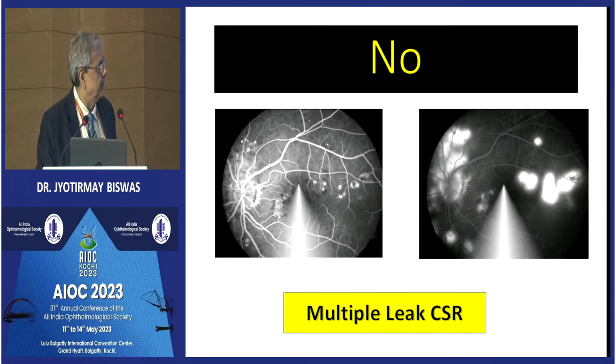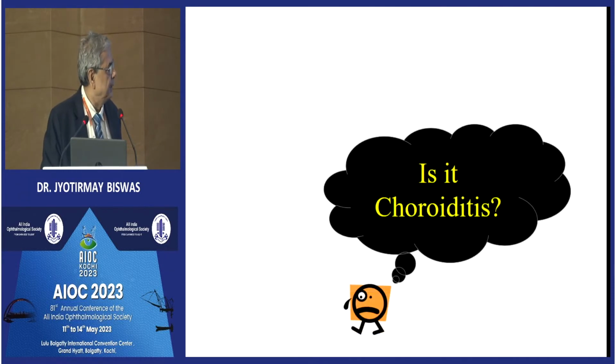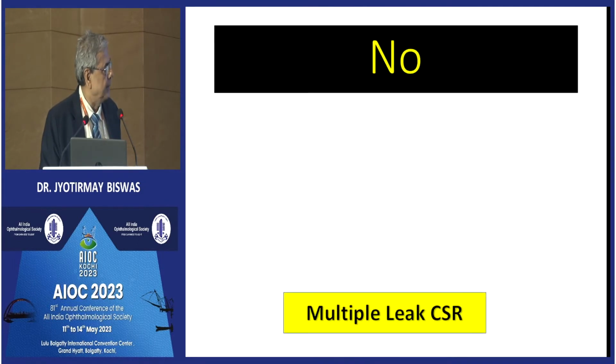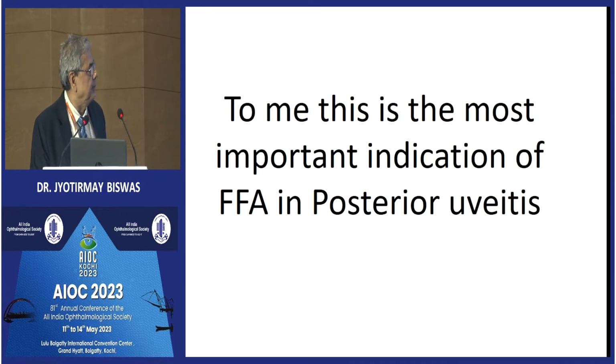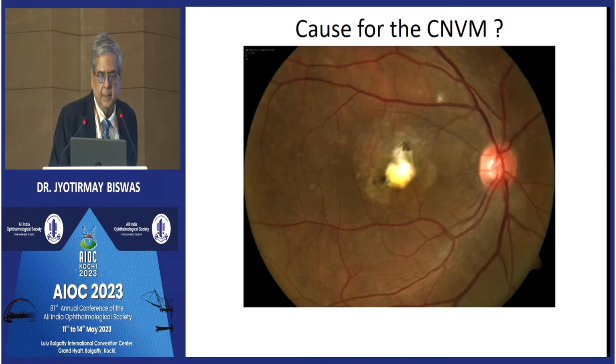No. It's multiple leak CSR. Looking at the picture, it's very difficult to tell, and fundus fluorescein angiogram gives the clue. To me, this is the most important indication for FFA in posterior uveitis, because it's a diametrically opposite treatment you will be providing the patient.